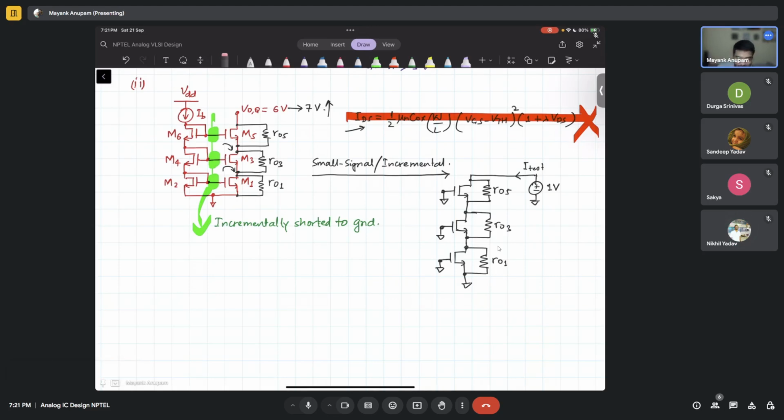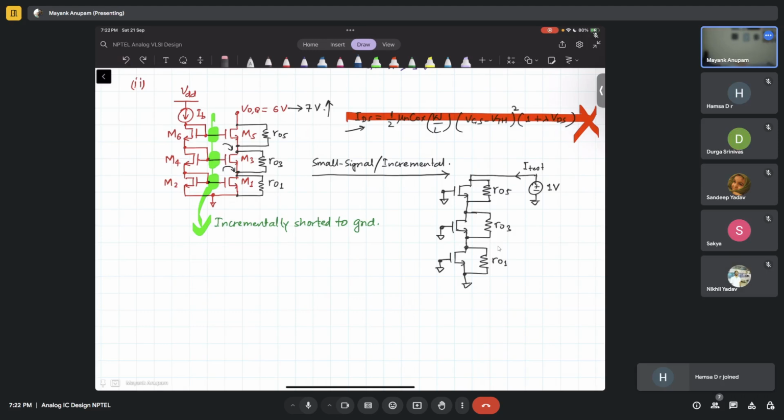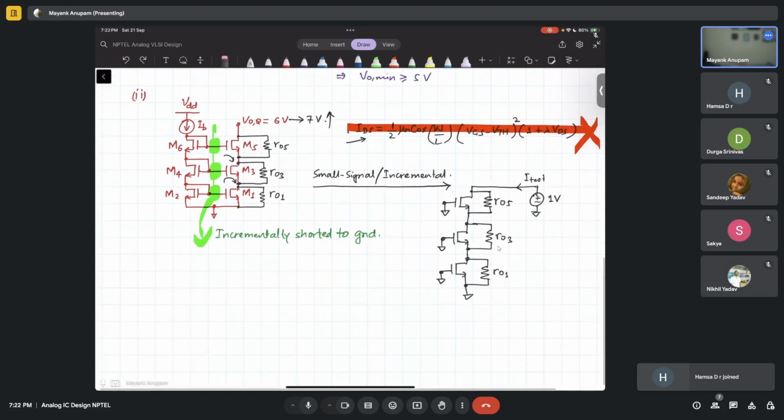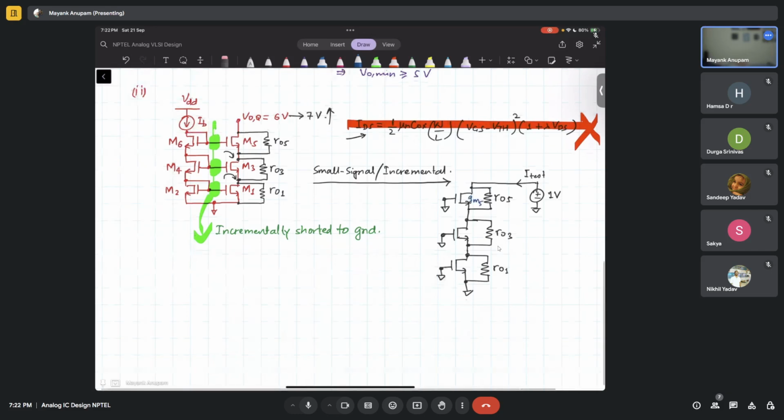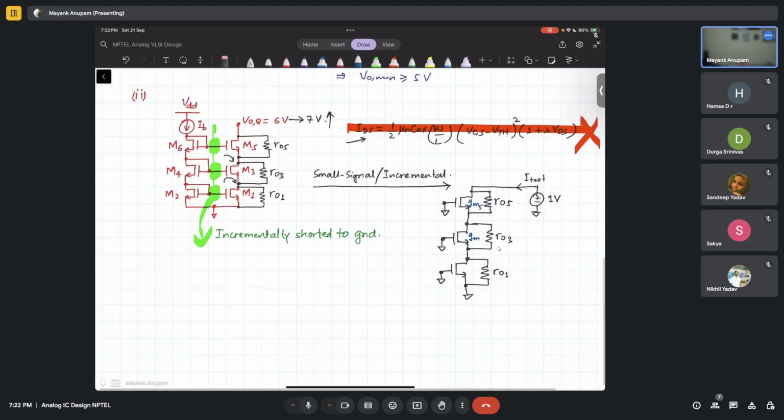You'll be able to find it out because each MOSFET will be replaced by its model, and each MOSFET has its own gm. So let's say this will be gm5, this will be gm3, gm1.